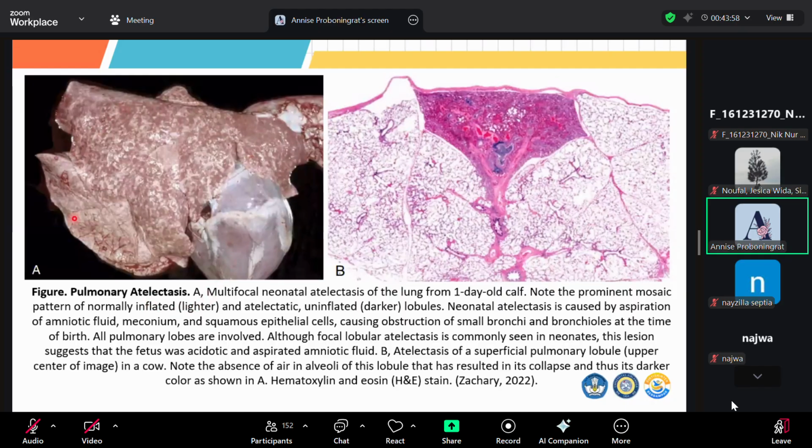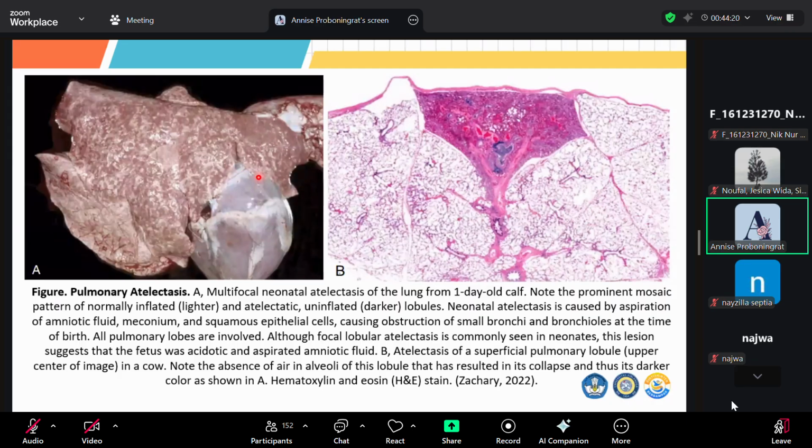And this is the gross lesion of the pulmonary atelectasis, especially the neonatal atelectasis in a calf.